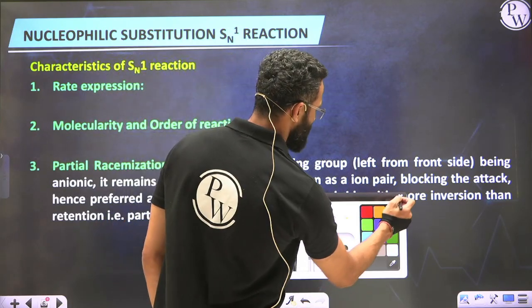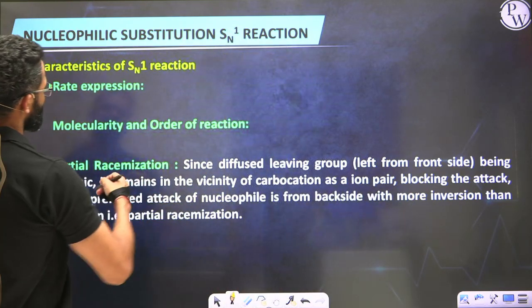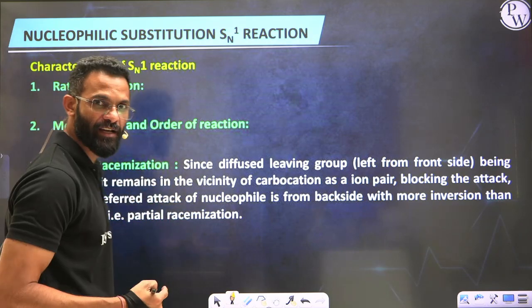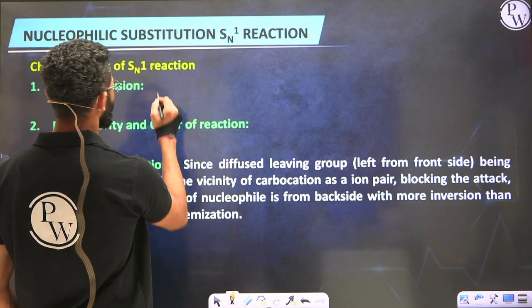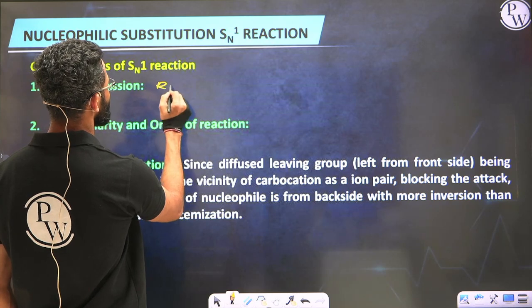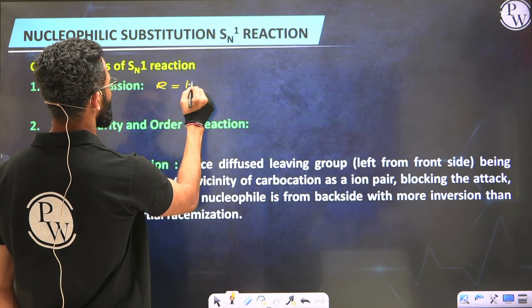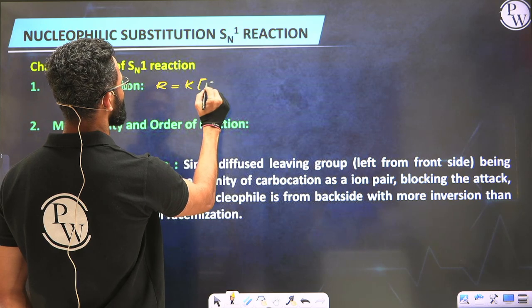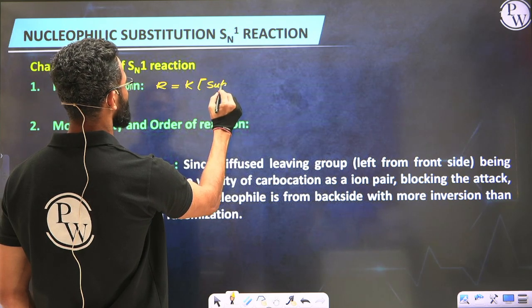So the rate expression for this reaction, looking at the reaction mechanism, can be written as rate of this reaction is equal to K constant into molar concentration of only substrate.